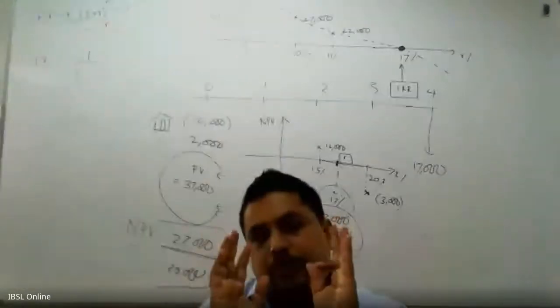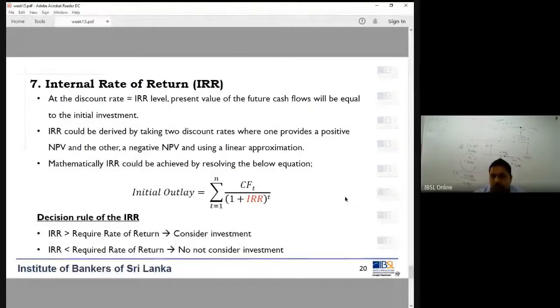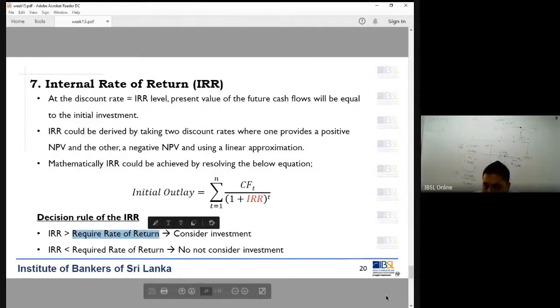So to sum up, IRR is nothing but the point, or the R, where your NPV is going to be 0. So from the IRR point of view, if you have been invited to make a decision, you have to always look at the required rate of return for this company.